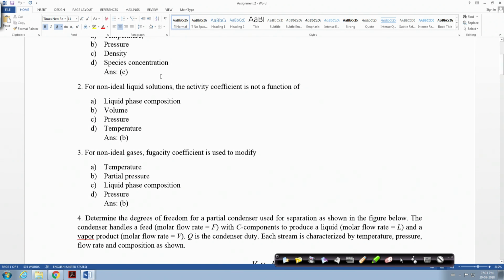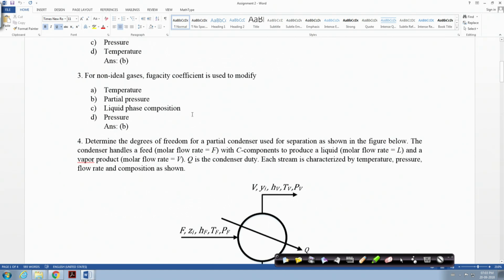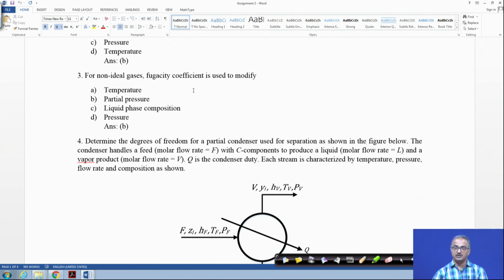That means it is not a function of volume; the rest, it is a function of the liquid composition, the pressure and the temperature. Similarly, the fugacity coefficient is generally used for the vapor phase. If you go to thermodynamics, it is a very general term.